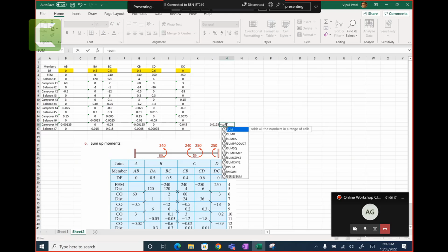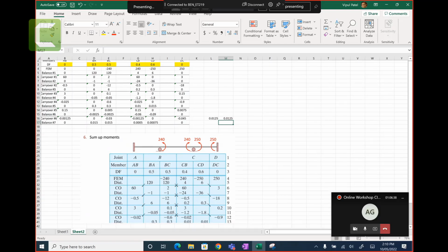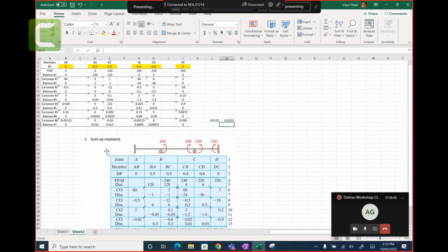Is equal to sum this one divided by sum, times 100 for the percentage. Both are less than 1%. We can stop. Okay, so you can do it, and then finally you need to do this sum.